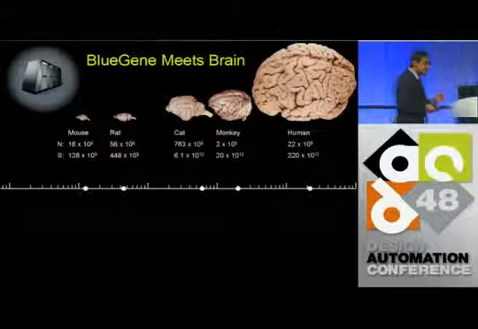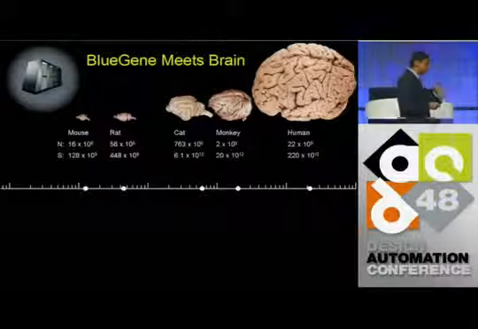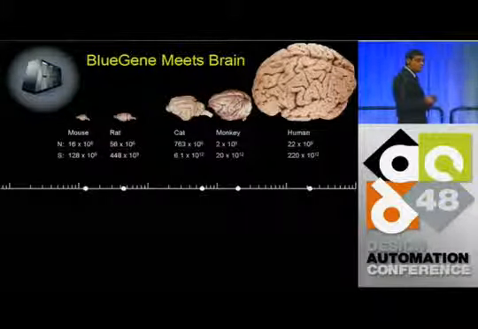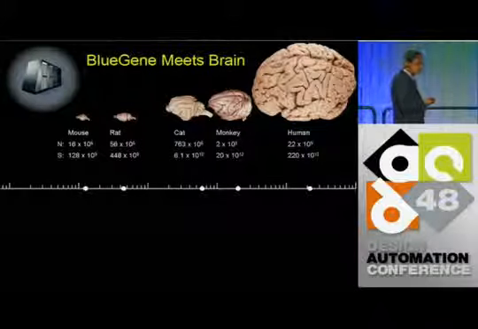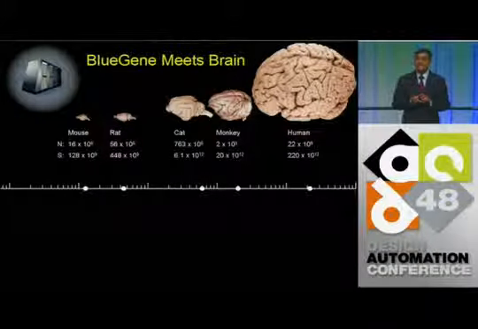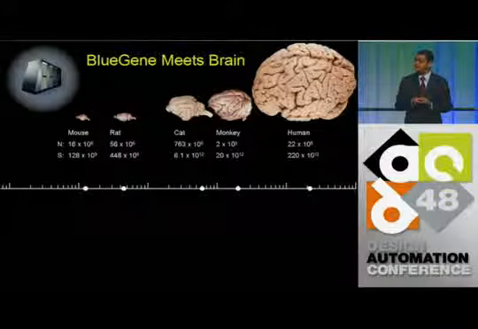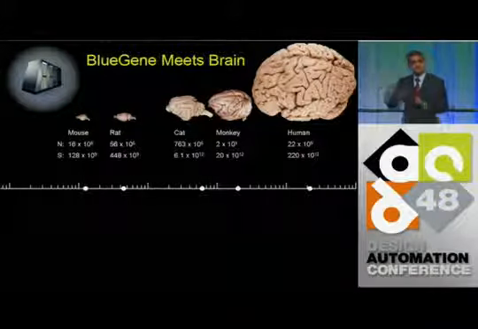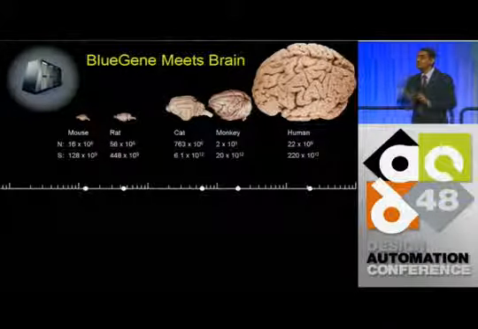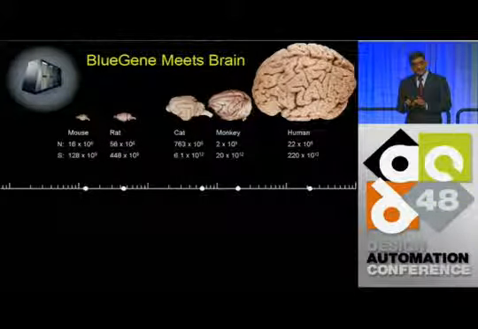And in a series of simulations, what you see here is the mouse cerebral cortex, which is about 16 million neurons, 128 billion synapses. Rat is about 4 times bigger, cat is about 15 times bigger, monkey is about 3 times bigger than the cat, and the human is about 10 times bigger. So it's a logarithmic scale.